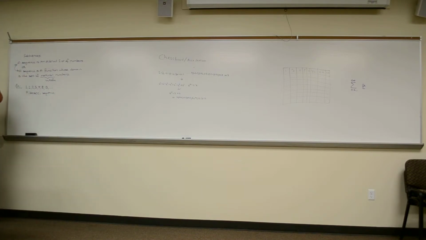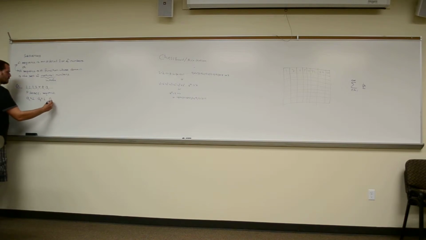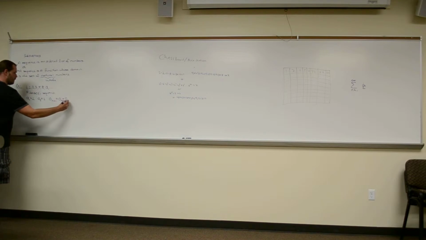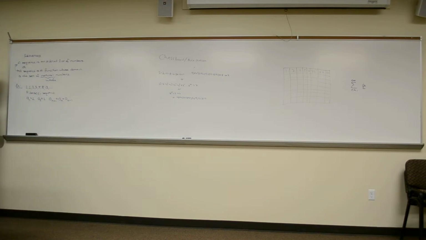So if I were to actually write down formulaically what the Fibonacci sequence is, it would be something like this. I guess we can start with 1. Well, if we start with 1, this would be 0. Right?